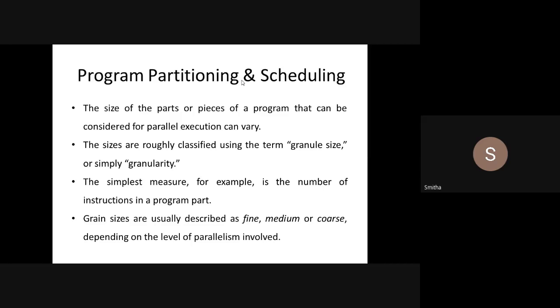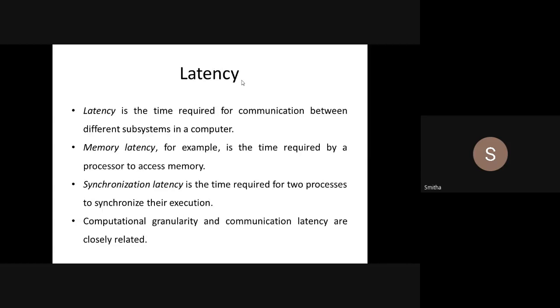Fine grain means fewer instructions. Medium is more than fine grain and less than coarse grain. Coarse grain means we will have millions of instructions in each piece. I hope it is clear.